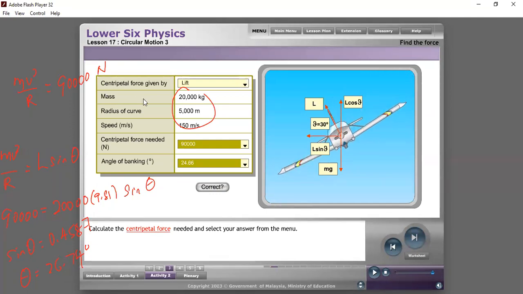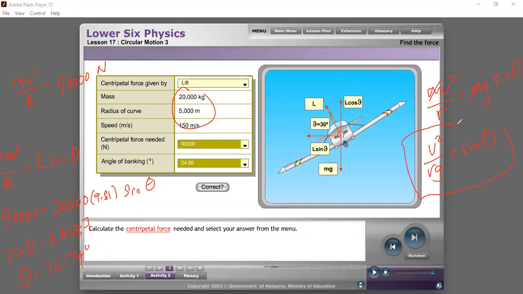Okay, so now from here, what we can conclude, you see, mv square over r, radius, is equal to mg sin delta, right? So this means m actually can cancel. So v square over rg is equal to sin delta.